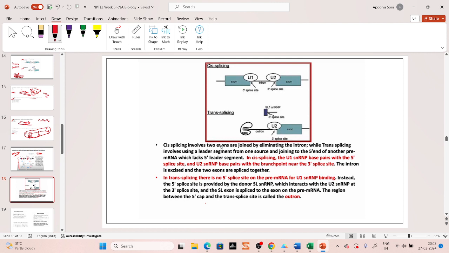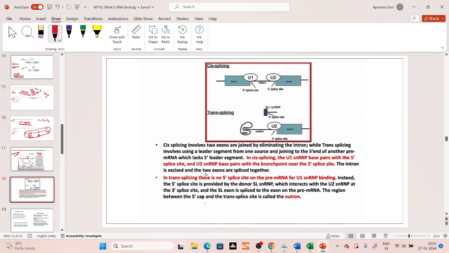Whereas trans splicing involves a leader segment from one source, that means the splice leader which is coming from outside, and your exon. In cis splicing, U1 base pairs with the 5' splice site, and U2 base pairs with the branch point near the 3' splice site.